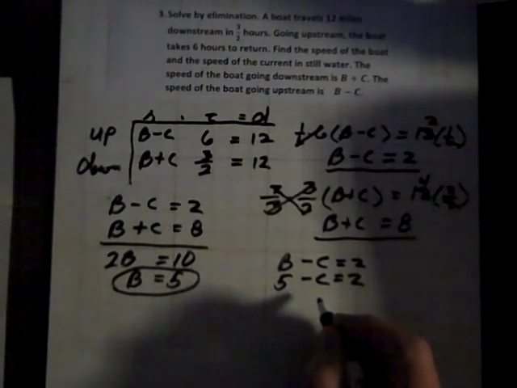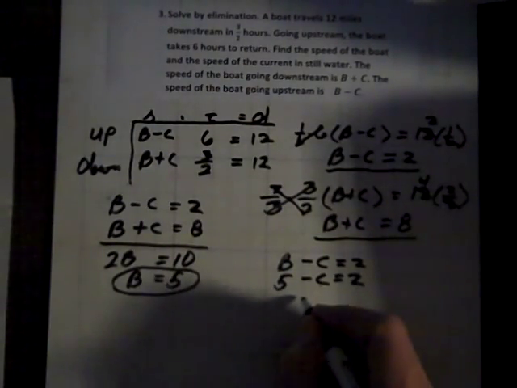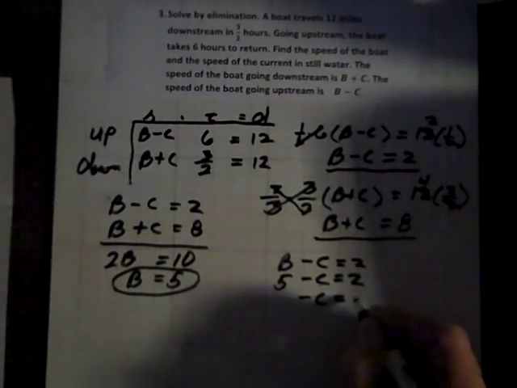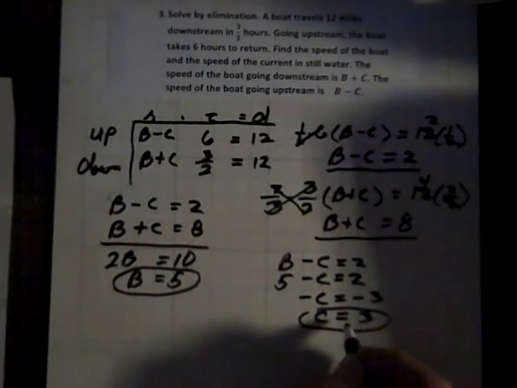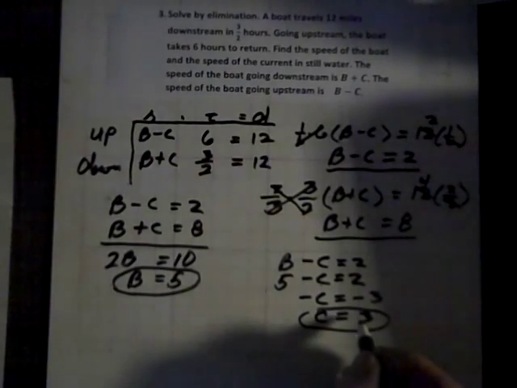And subtracting 5 from both sides, we get minus c equals 2 minus 5, which is minus 3. So multiplying through by -1, we get c equals 3. So we're claiming our values for b and c are 5 and 3 respectively.